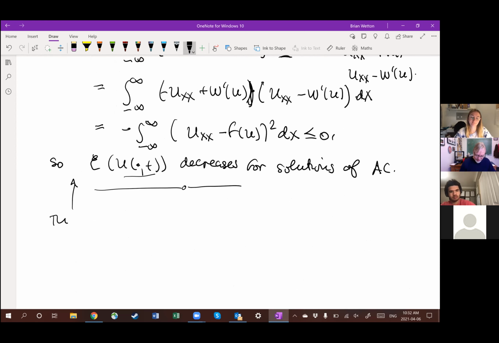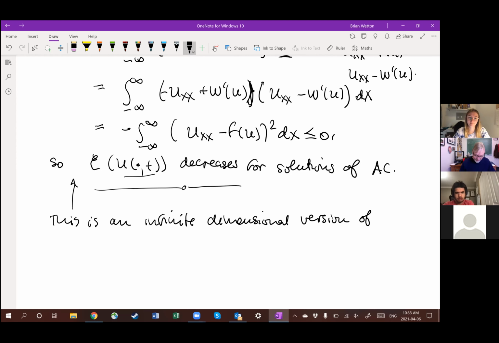So this is an infinite dimensional version of finite dimensional gradient flows.